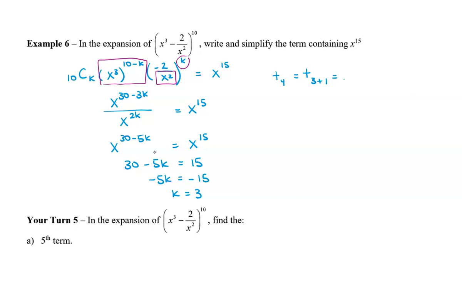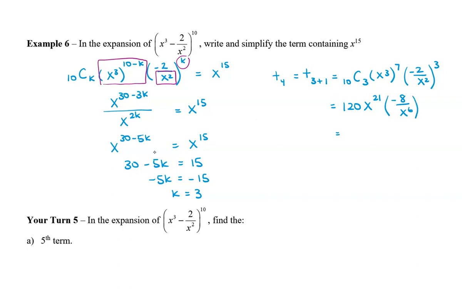This was an exponent of 10, so this will be 10C3, and this will be x cubed to the power of 7, since it's 10 minus 3, and then negative 2 over x squared, all to the power of 3. We get to practice using the general term again. 10C3 is 120, typing that on the calculator, x to the power of 21, and then we have negative 2 cubed, which is negative 8, and then x to the power of 6.